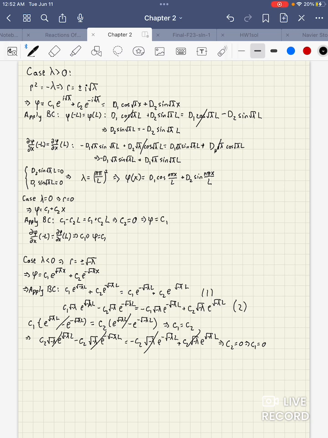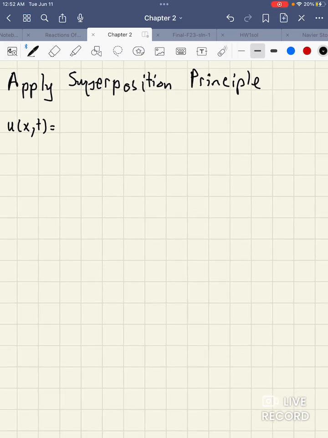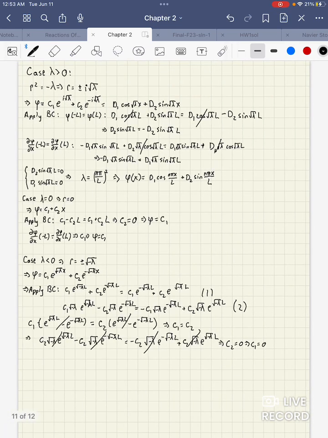Now let's apply our superposition principle. Applying it shows that our temperature is equal to the constant that is responsible for lambda equal to 0, and for the positive lambda, we get both sine and cosine.